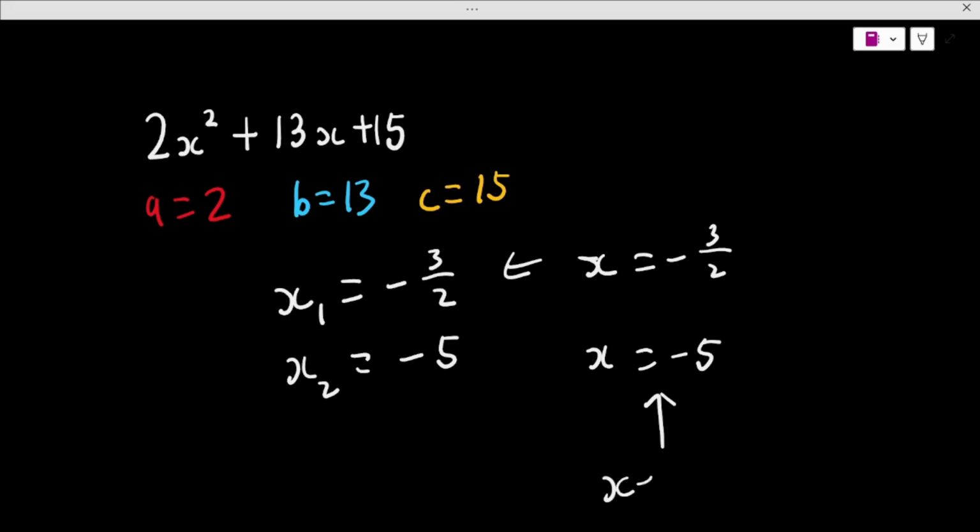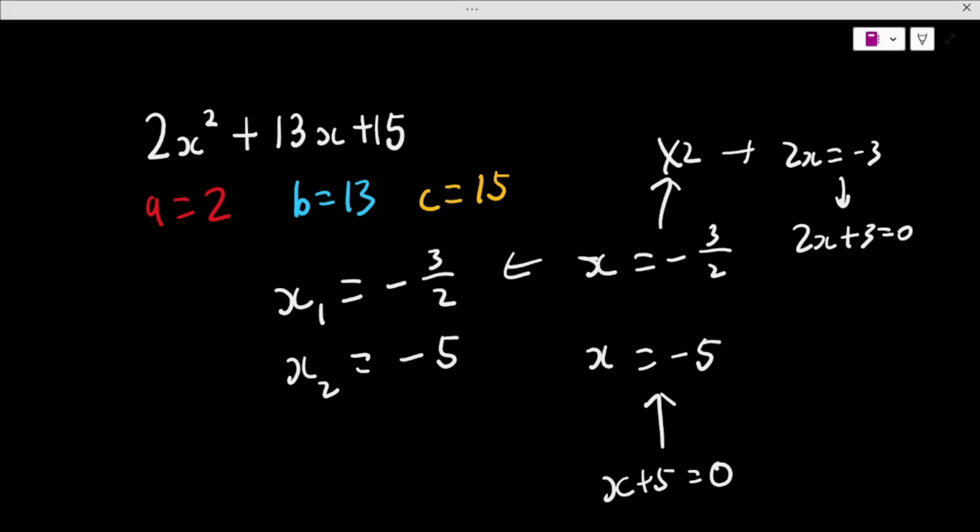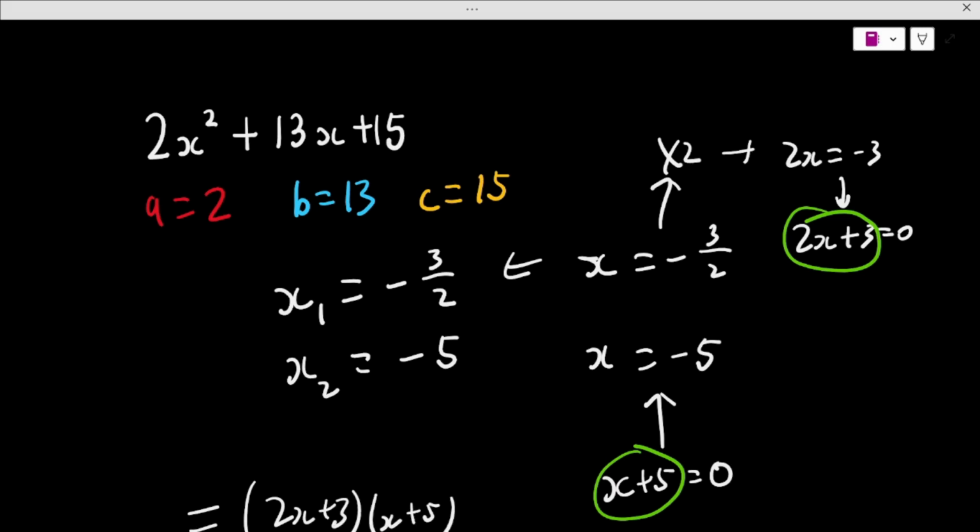So x plus 5 is equal to 0. For this, we are going to be multiplying by 2 to get 2x is equal to negative 3. Then just add 3, so 2x plus 3 is equal to 0. We end up with x plus 5 and 2x plus 3. Those are again our factors. So you still have to remember to write equals 2x plus 3, x plus 5 when you're answering the question.